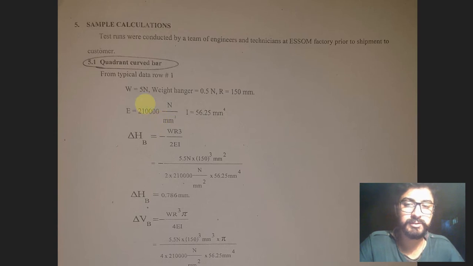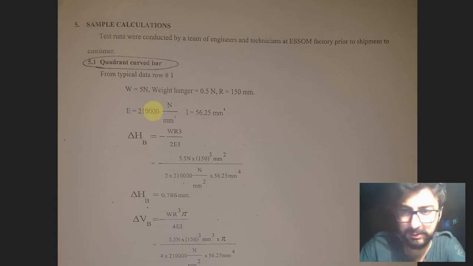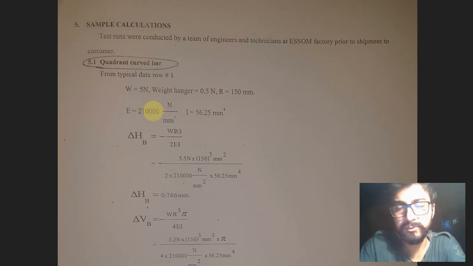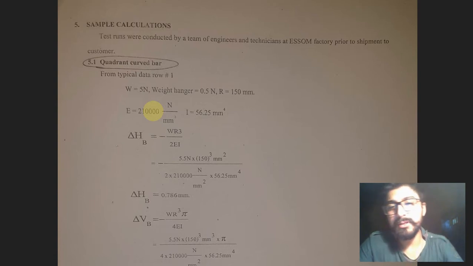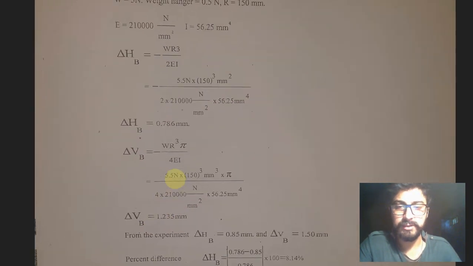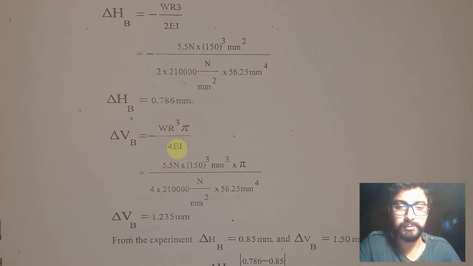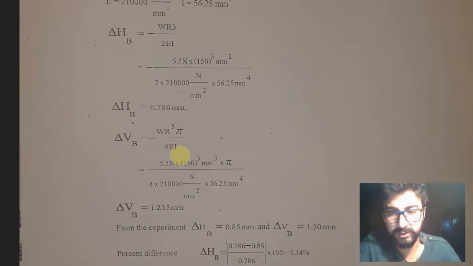So delta H horizontal displacement is equal to negative WR cube over 2EI, which comes out to be 0.786 mm. Vertical is WR cube pi by 4EI, which comes out to be 1.35 mm.